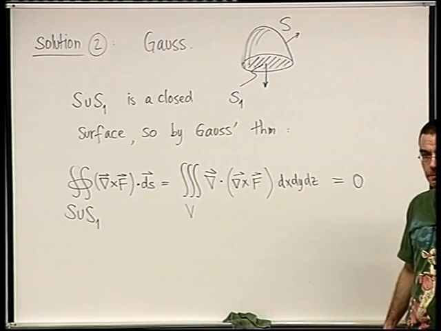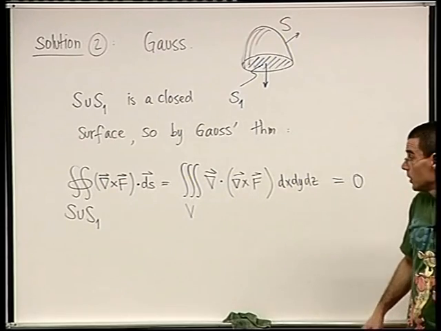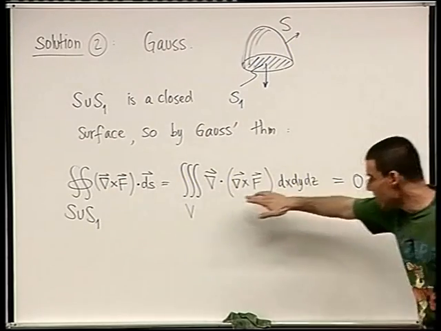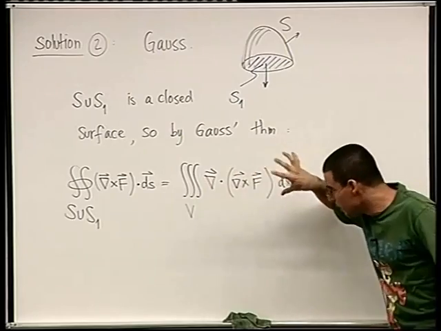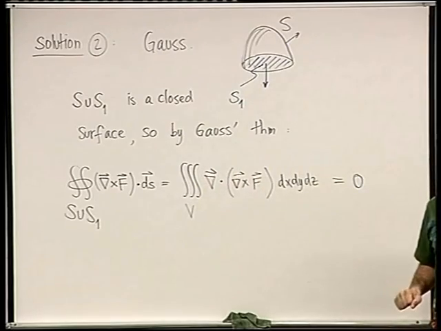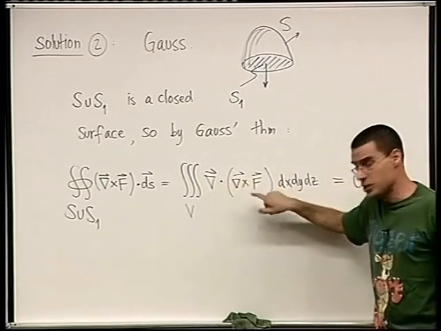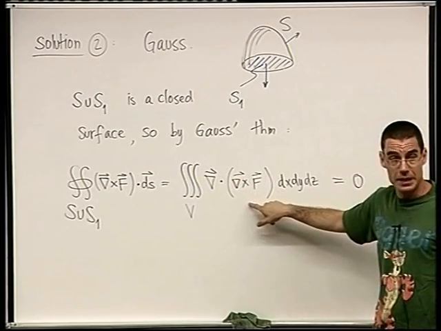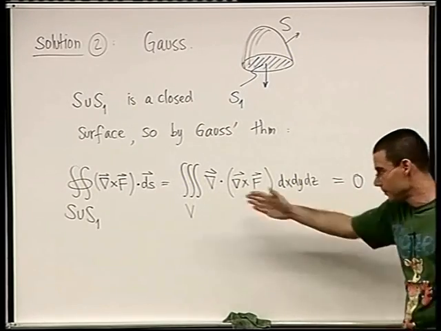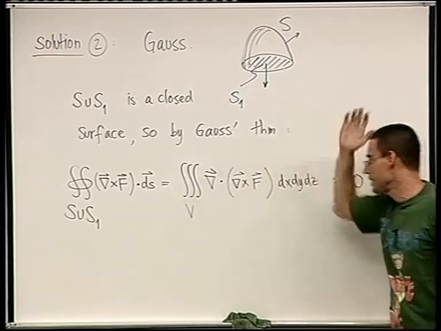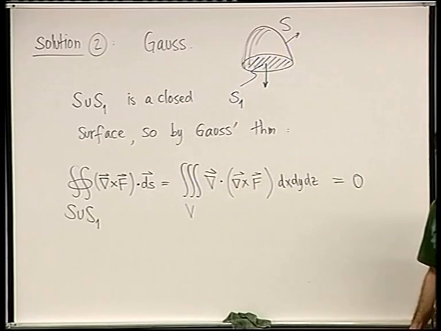Remember that property? Good? So this is 0 because we're integrating over the 0 function. This is a scalar function. The divergence of a curl is a scalar function. And in fact, it's the 0 function. So I don't care what the domain is anymore. It's just 0. Clear? Everybody?